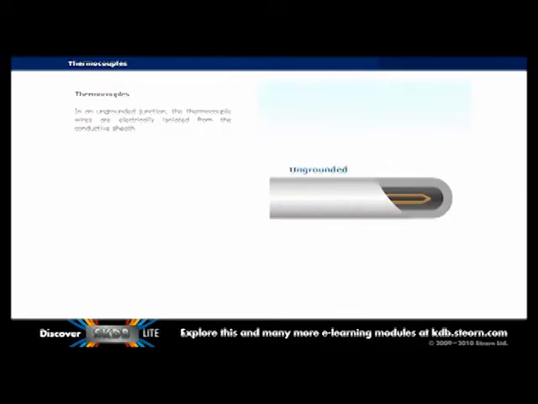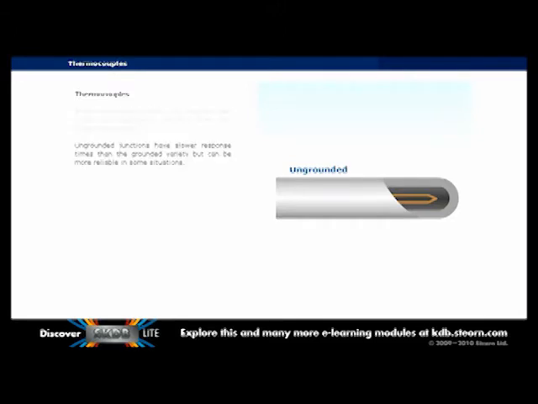In an ungrounded junction, the thermocouple wires are electrically isolated from the conductive sheet. Ungrounded junctions are have slower response times than grounded variety but can be more reliable in some situations. In an exposed junction, the thermocouple wires protrude from the sheet and make direct physical contact with the substance whose temperature is being measured.